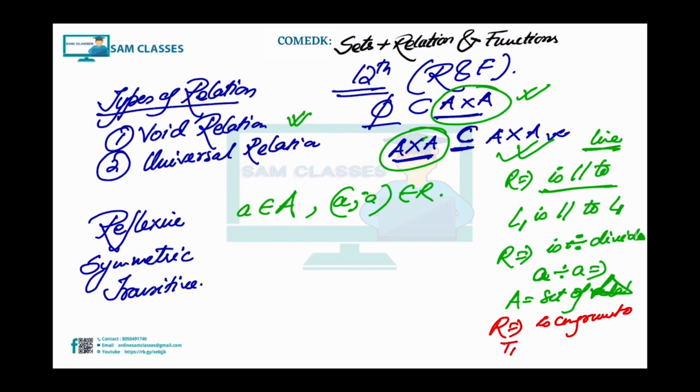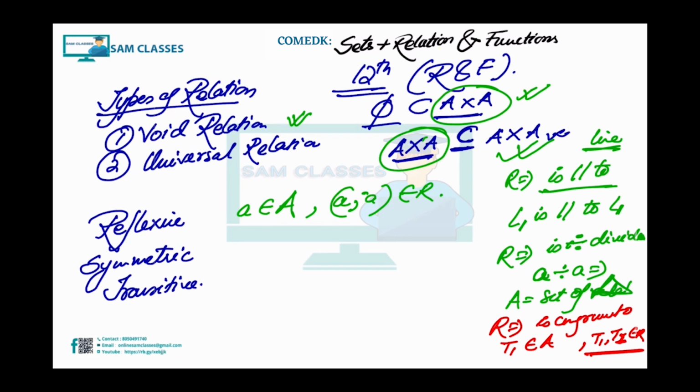So we know if T1 belongs to A, then (T1, T1) will belong to this condition R. What it is trying to say is every triangle is congruent to itself. So if you are an element of a set and you are able to follow the conditions of the relation, that you are able to align with yourself, then we say it is reflexive. It means it is the image of yourself.